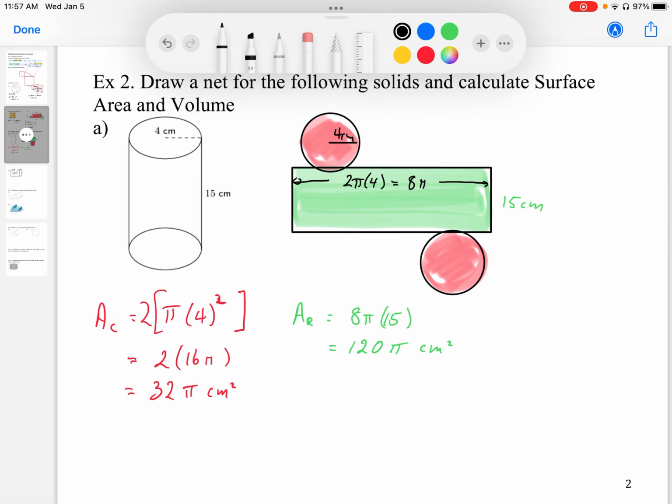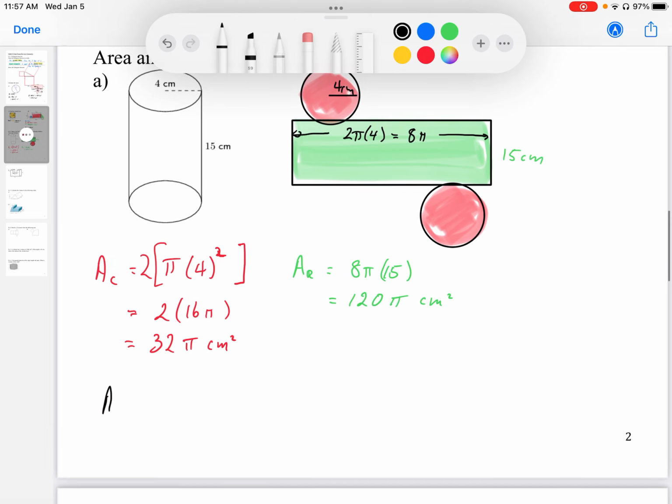Okay, so then working out the total area for this, if I add those two areas together, I'm going to end up with 152 pi centimeters squared. Working out the decimal value for this, 152 pi is 477.52 centimeters squared.